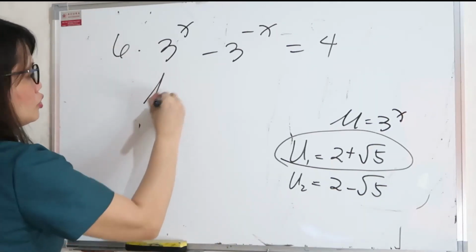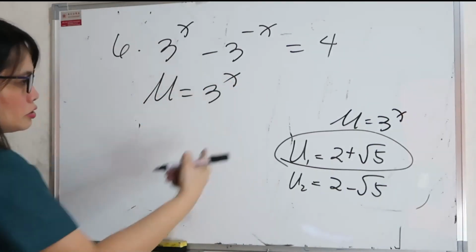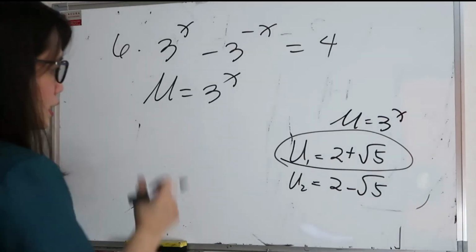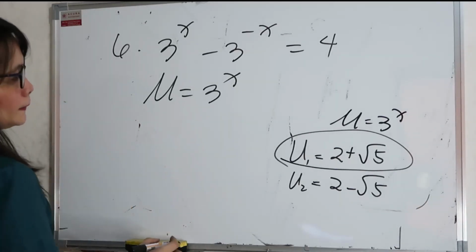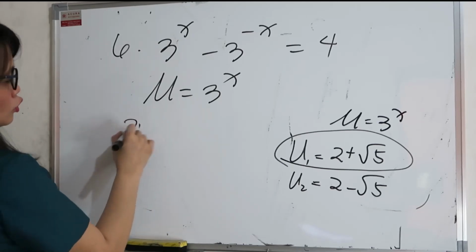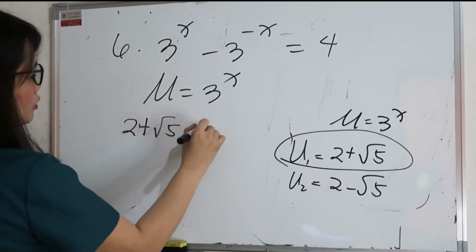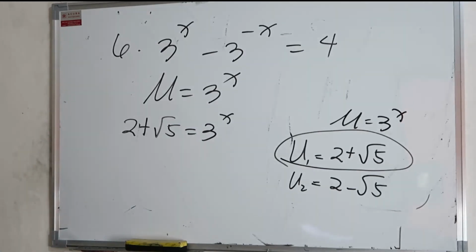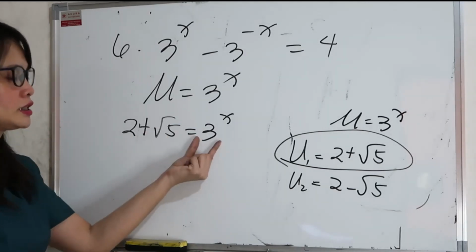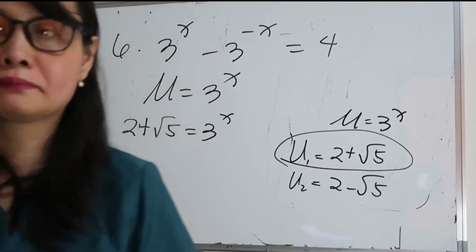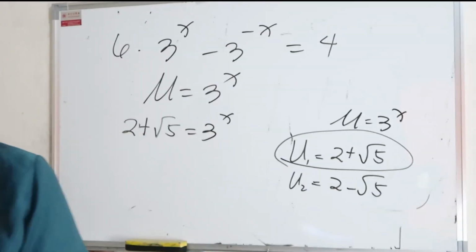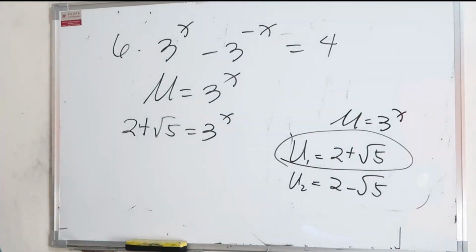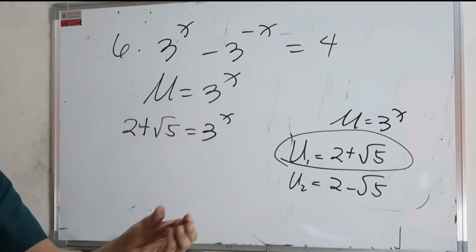So u is equal to 3 raised to x. So you substitute. That will become 2 plus square root of 5 equals 3 raised to x. Now, since their bases are not the same, we'll be using the logarithmic function.